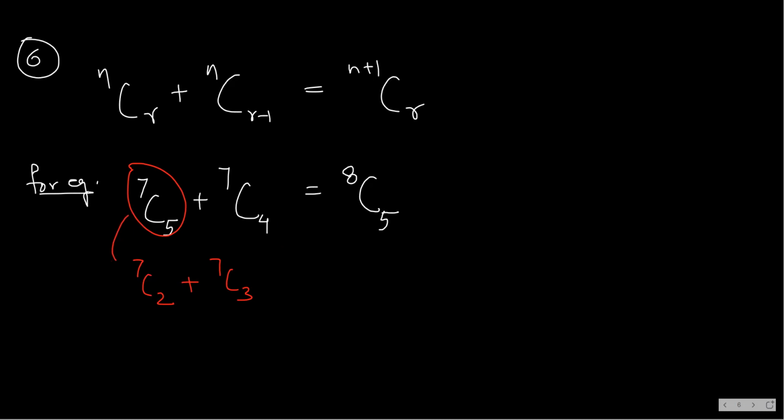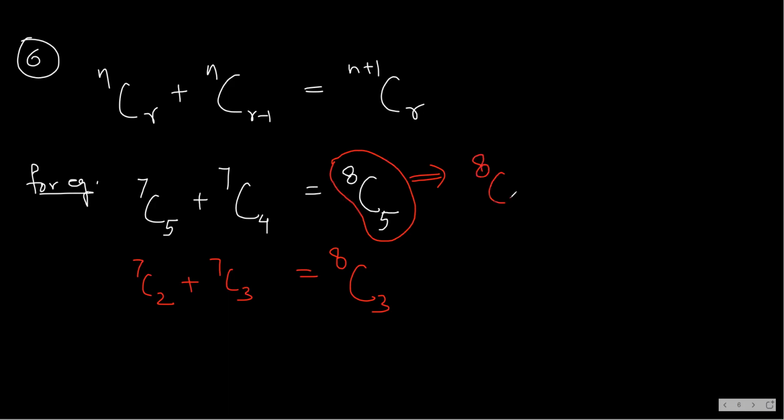Now on these two, 7 becomes 8, C, and amongst these two, which one is bigger? 3 is bigger. So 8C3. And what is 8C5 equal to? 8C5 is 8C(8 minus 5), that is 8C3. See, same thing you are getting. So this way also you can say that everything is working.